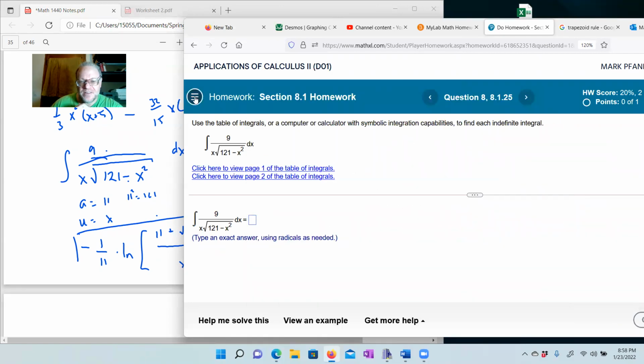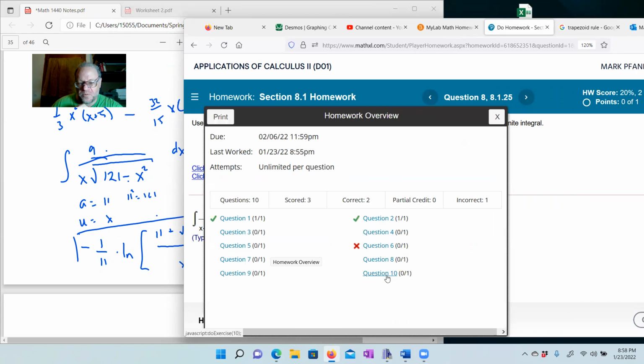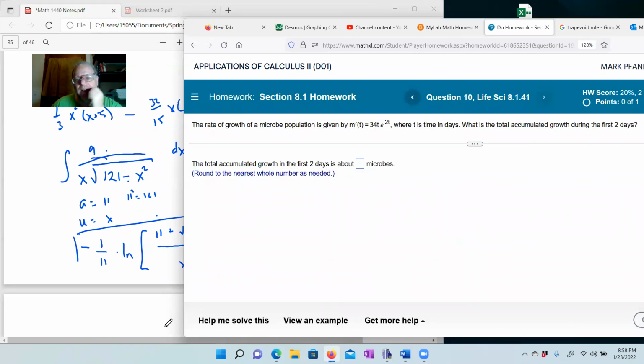Okay, so let's do one more of the hard ones. So the rate of growth. A rate is already a derivative. The rate of growth of a microbe population is given by m prime of t. That's our rate of growth, 34t e to the 2t. So we can go ahead and do this.